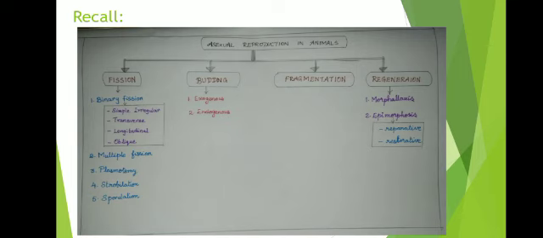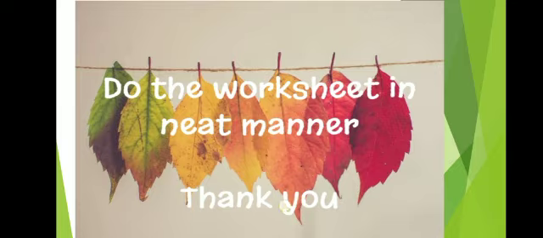Regeneration is morphallaxis and epimorphosis. Morphallaxis means any part develops into a new whole. But epimorphosis is not like that; it is either reparative or restorative, developing whichever part is lost. Thank you. Do the worksheet in a neat manner. Thank you.